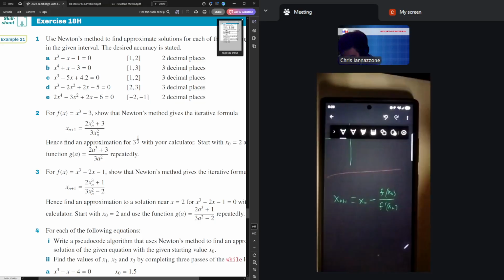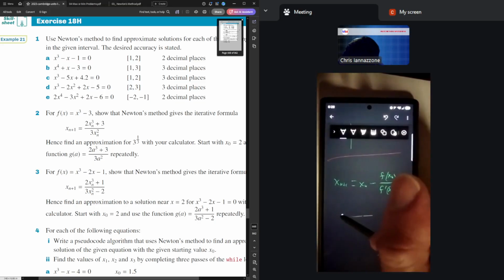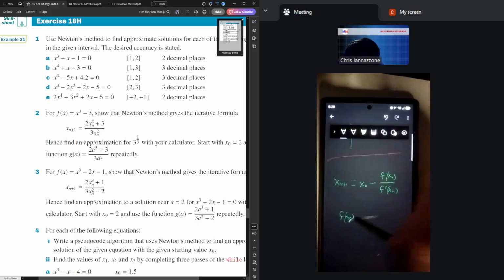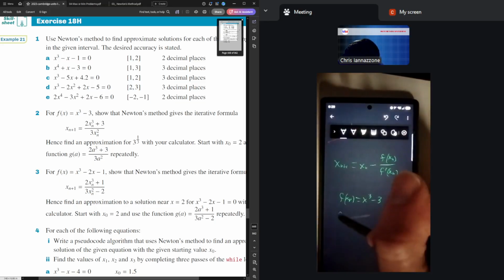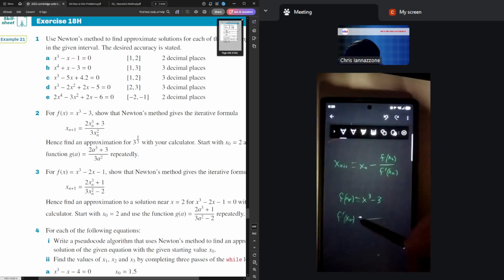So, what are we doing from there? Well, f of x_n is therefore just x cubed minus 3. And f dash of x_n is now 3x squared, x_n squared.